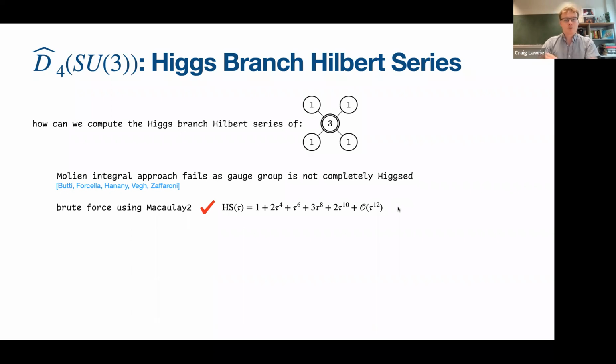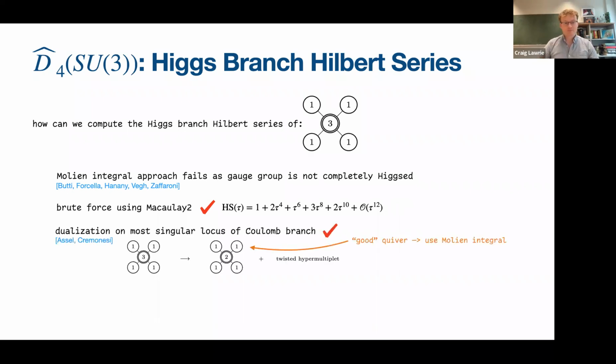So there are a couple of other ways we can compute the same quantity. One point to make is that this quiver is bad. Well, okay, so there is this dualization of this theory, which was once studied by Benjamin Assel and Stefano.